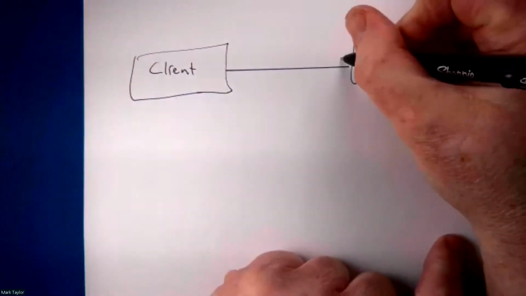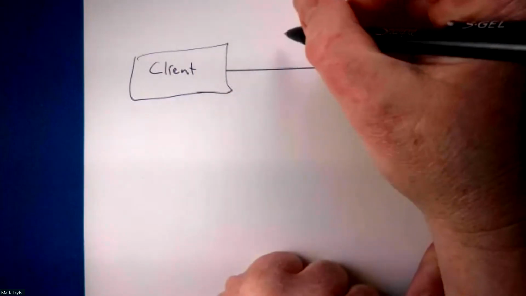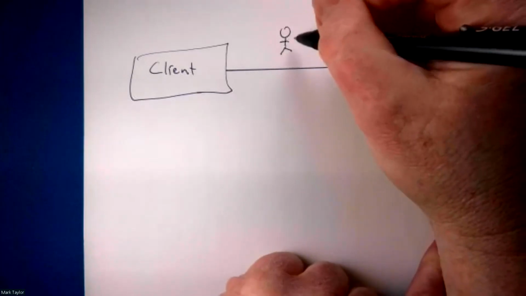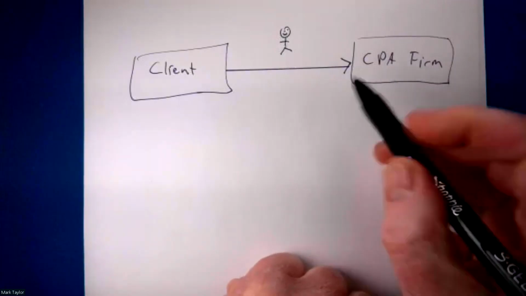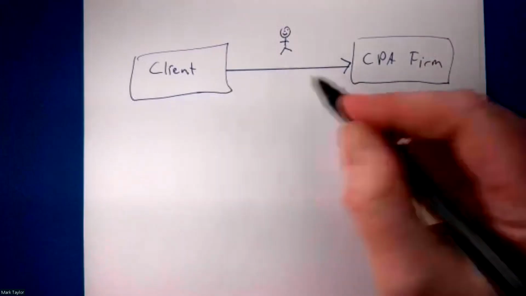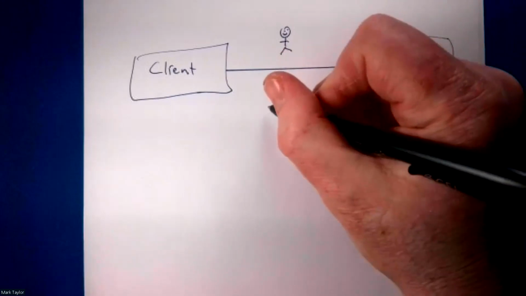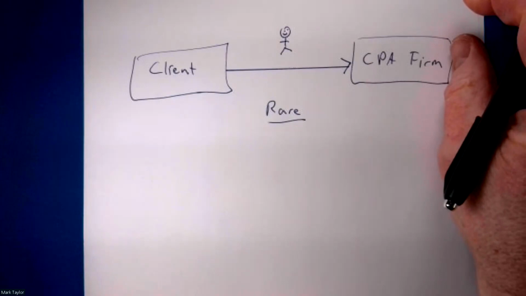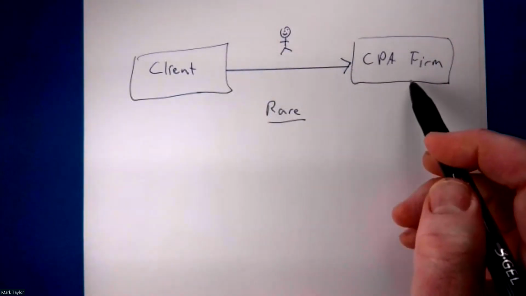The first one we're going to talk about is if an employee from the client walks across and goes to work for the CPA. So this is an employee with a client goes to work for the CPA firm. What problems can you have for that? Now, this is fairly rare. It just doesn't happen that often. It could happen, but it's fairly rare that you have someone coming from the client and working for the CPA firm.